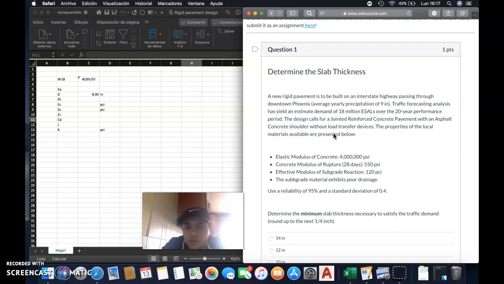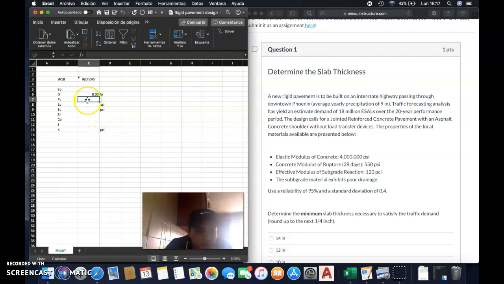Determine the slab thickness. A new rigid pavement is to be built on an interstate highway. The value for PT is 2.5.